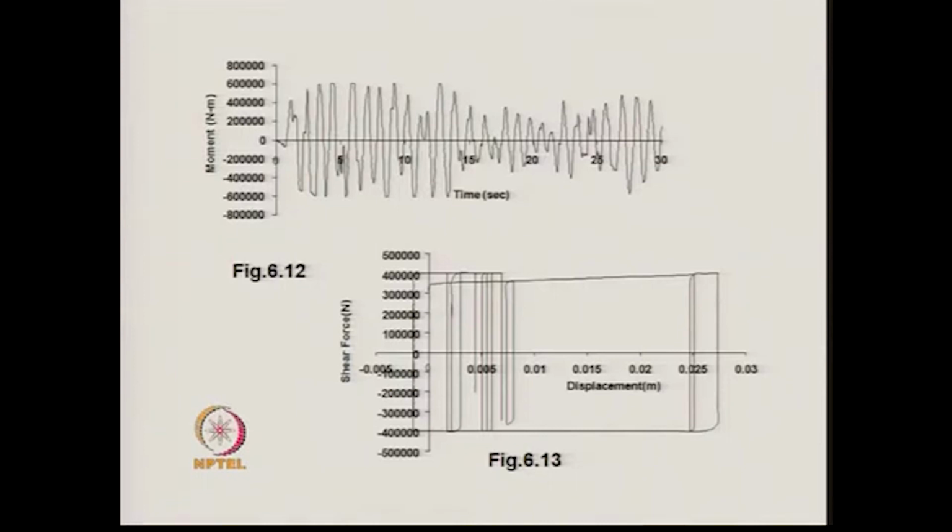Therefore, the portion at the top is not perfectly horizontal. The force displacement relationship also shows a similar trend. The upper curve is not perfectly horizontal, it is slightly inclined, and this inclination is produced because of the reduced stiffness Kd after the yielding has taken place.